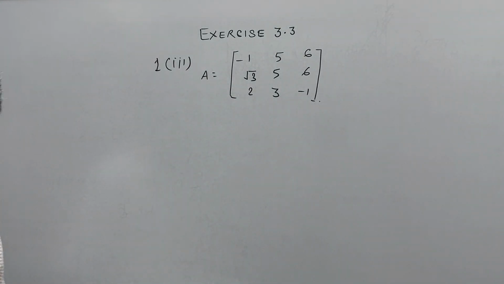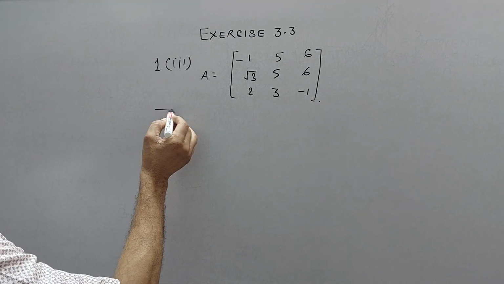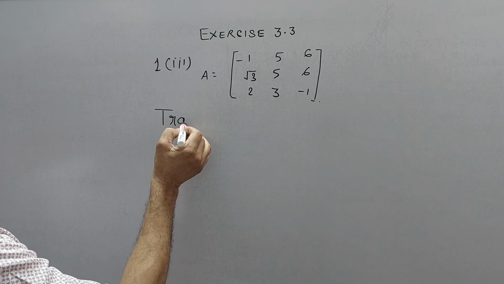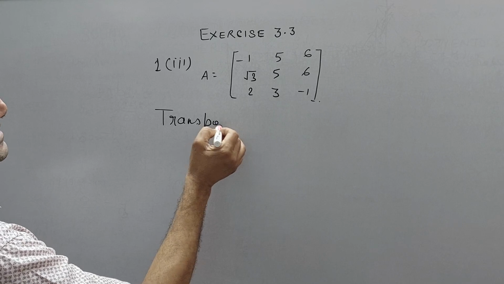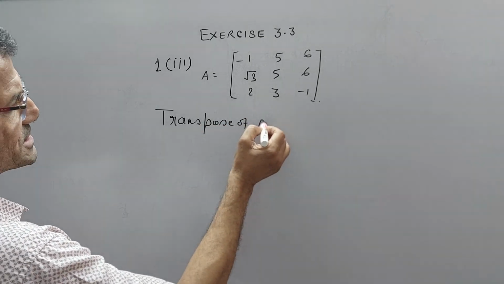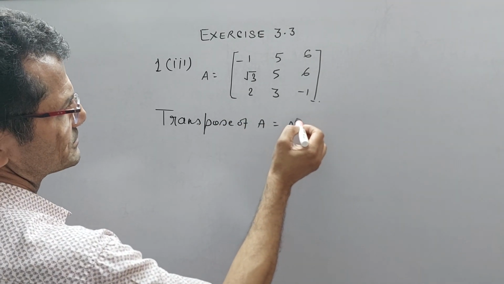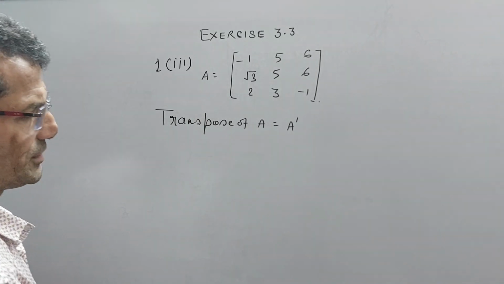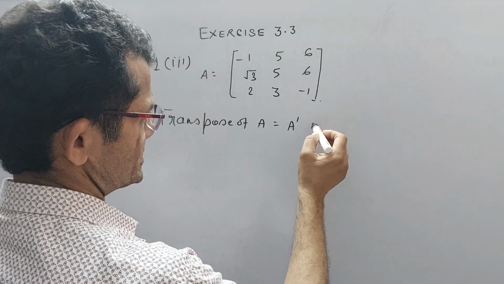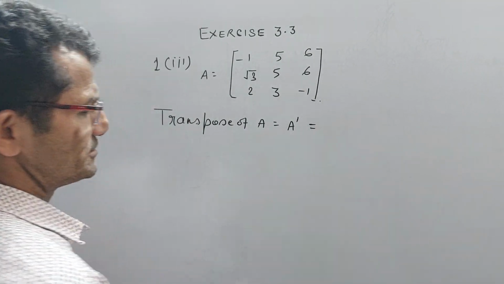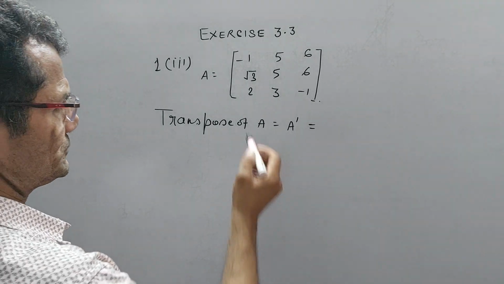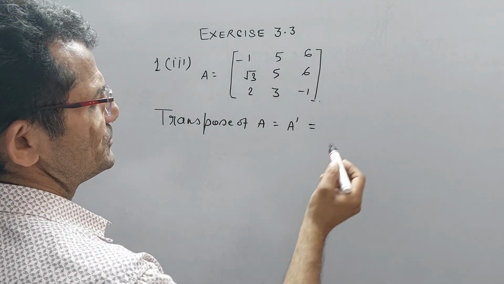So we have to find the transpose of this matrix. The transpose of matrix A will be A dash. Here we have to exchange rows into columns and columns into rows. So the first row, minus 1, 5, 6, becomes our first column.